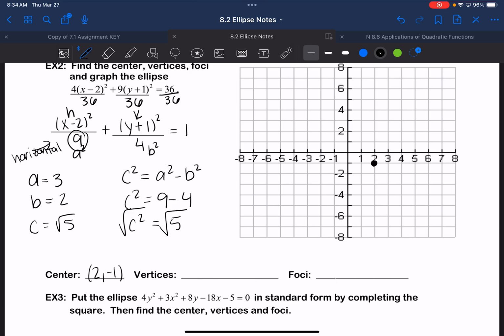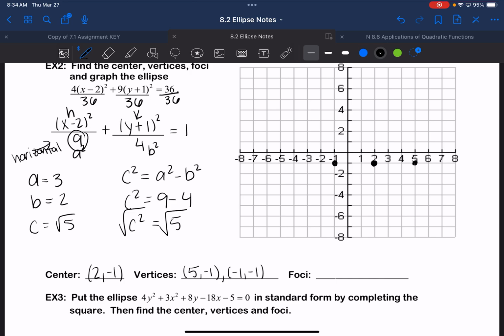So if I move 3 places to the right, I end up at 5. So I'd have the point 5, -1 as a vertice. And if I move 3 places to the left, I'm going to end up at, okay, so I have another vertice at -1, -1.